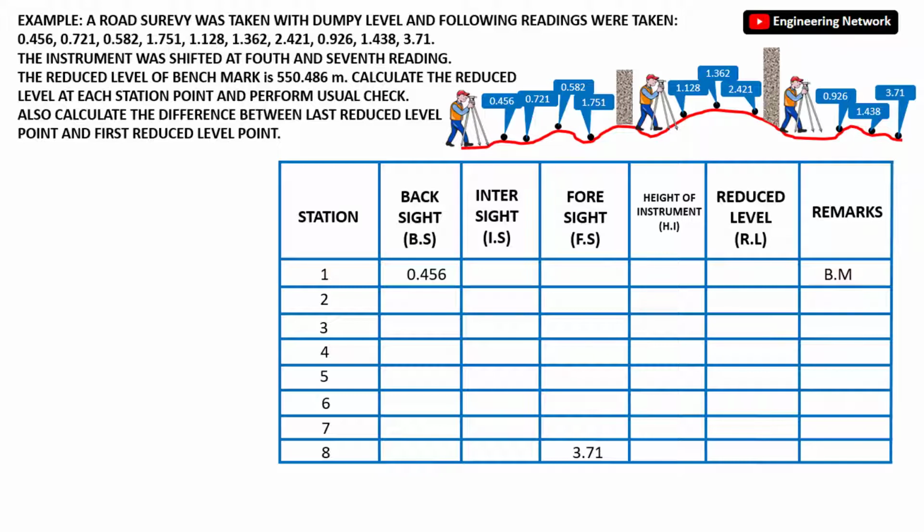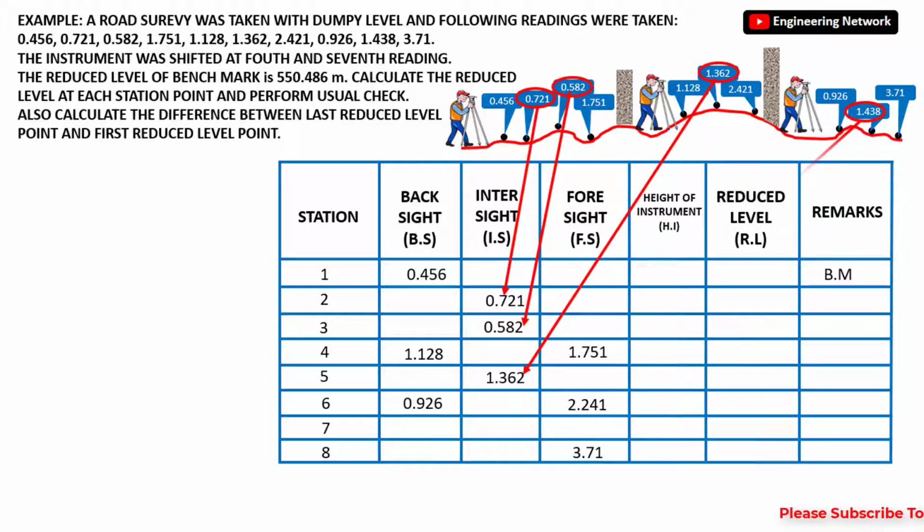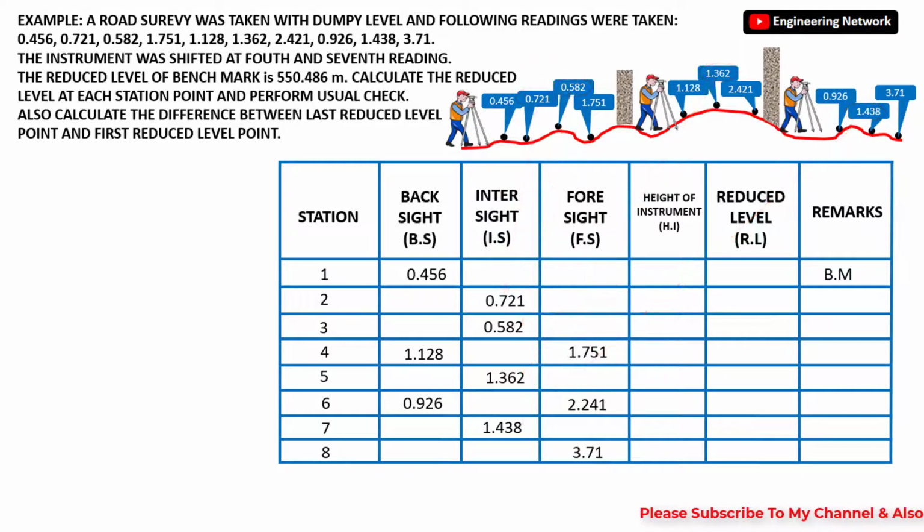Let me write the readings of foresight and backsight at their respective stations. The remaining readings are the intersight, so let me write all the remaining readings in the intersight column. So this is the data that is given to us in the numerical question.